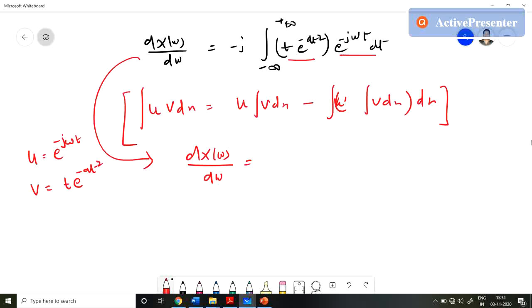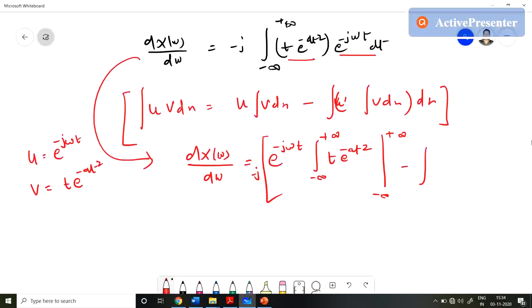First we write u, that is e raised to the power minus j omega t, then the integral from minus infinity to plus infinity of t e raised to the power minus a t square, multiplied by minus j, from minus infinity to plus infinity.